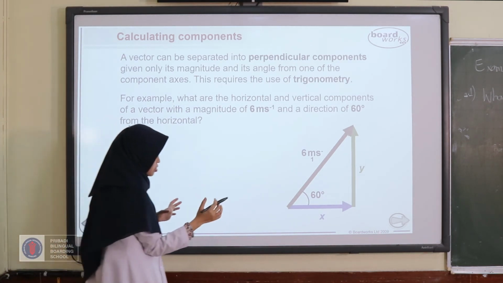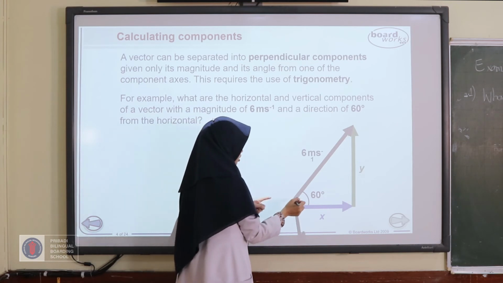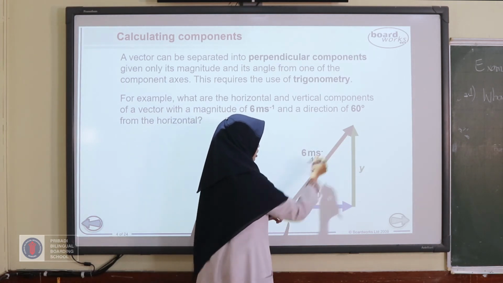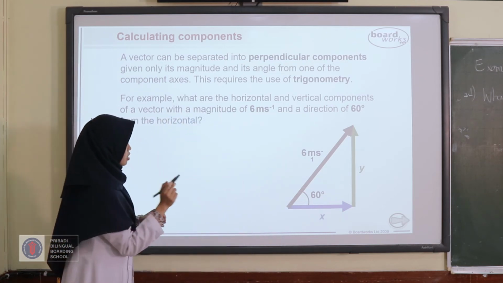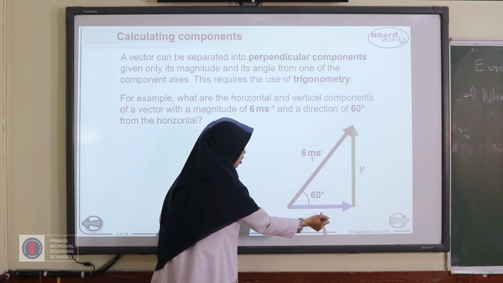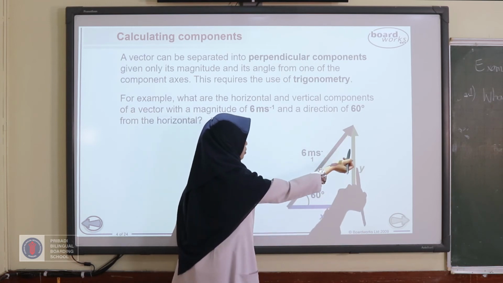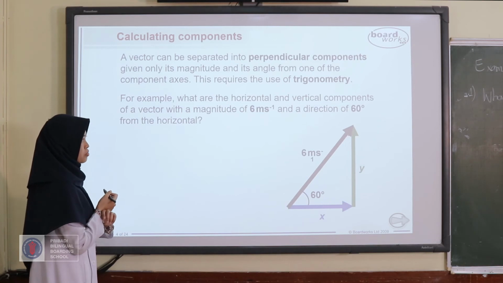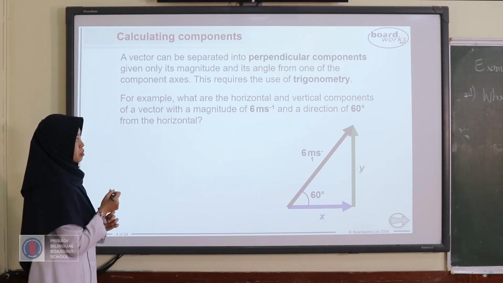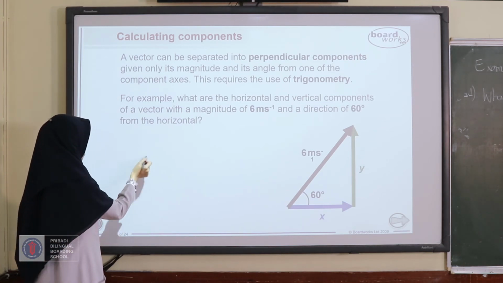In the previous question, you were asked to find the resultant vector, but now you are asked to find the horizontal component and vertical component.